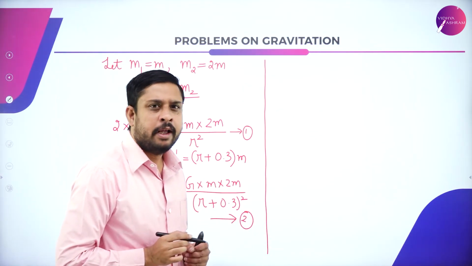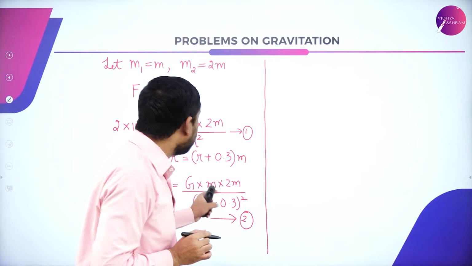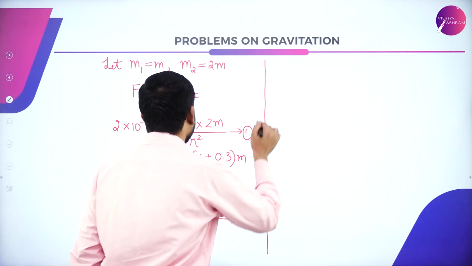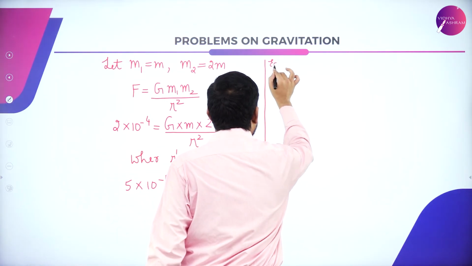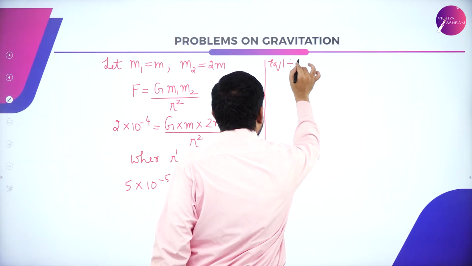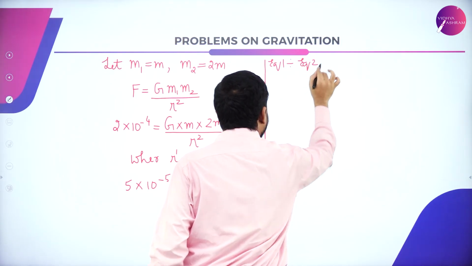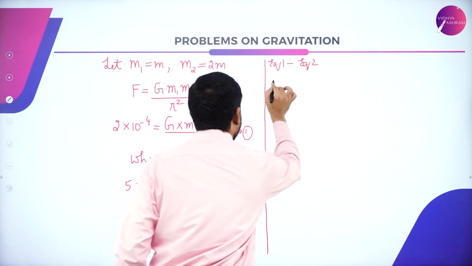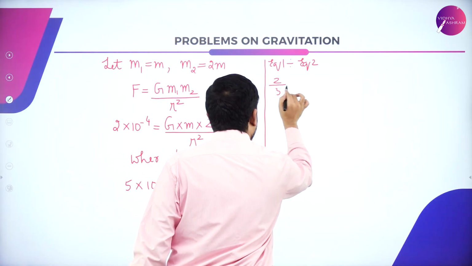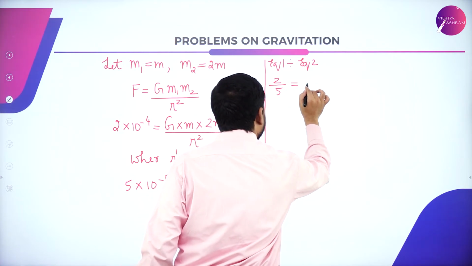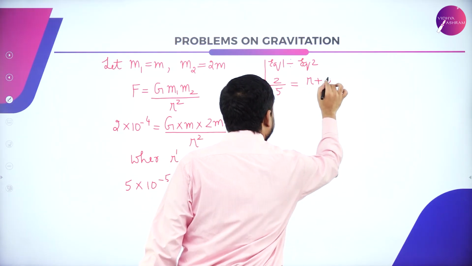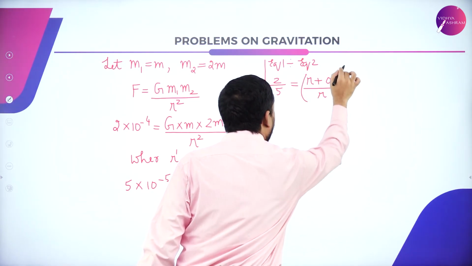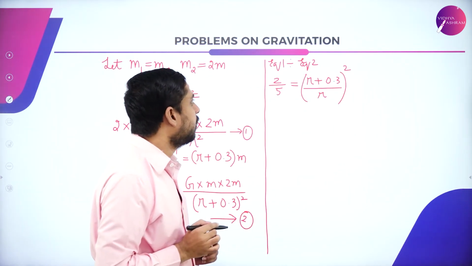Now, I will first find the value of R, the separation between them. So we divide equation 1 by equation 2. So when we divide equation 1 by equation 2, 2 by 5 is R plus 0.3 divided by R whole square.